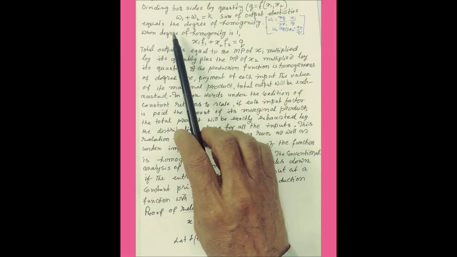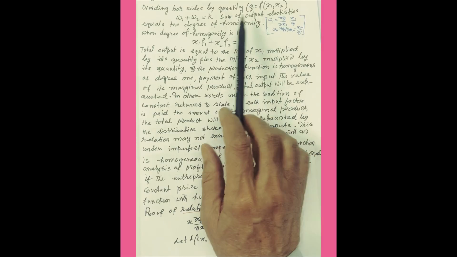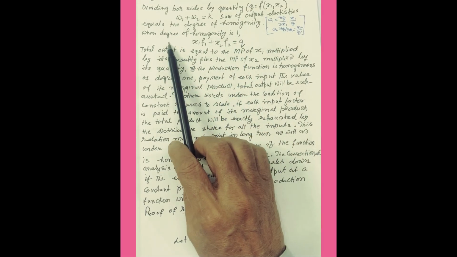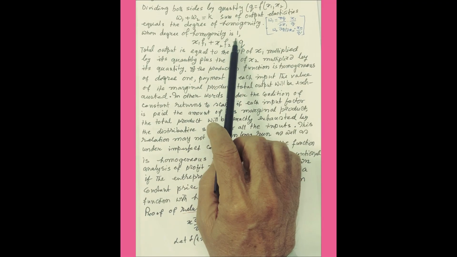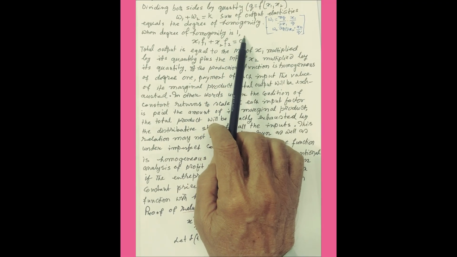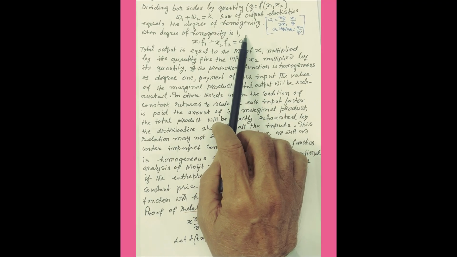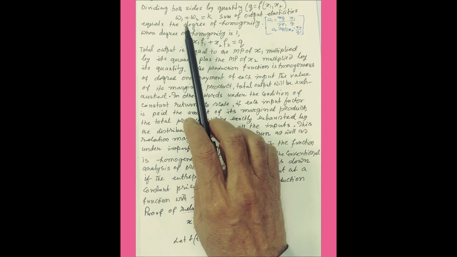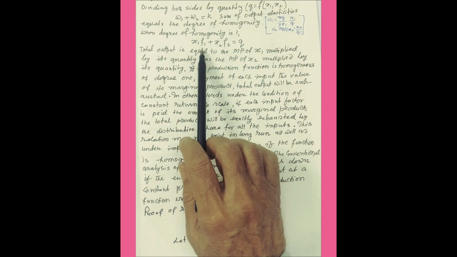The sum of the elasticities will be equal to the degree of homogeneity. If the function is homogeneous of degree 1, then the sum of the elasticities, omega 1 plus omega 2, will be equal to 1.